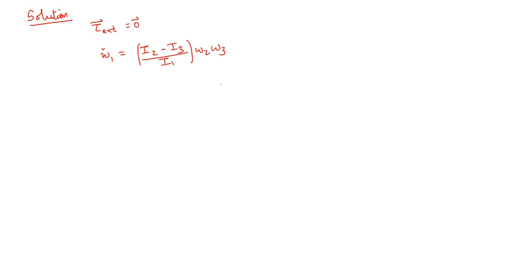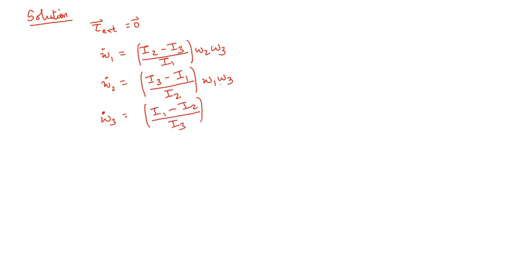Similarly, omega 2 dot is equal to (I3 minus I1) by I2, omega 1 omega 3. Omega 3 dot is equal to (I1 minus I2) divided by I3, omega 1 omega 2.